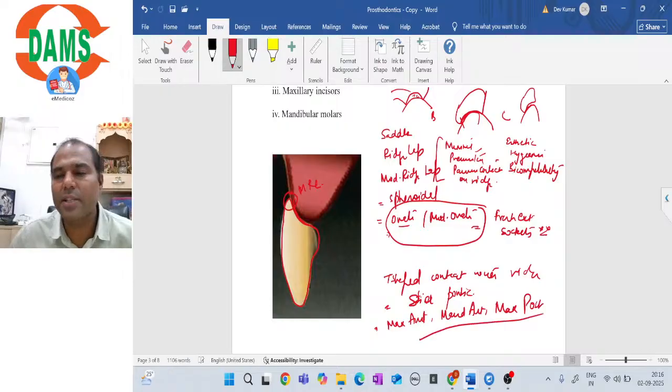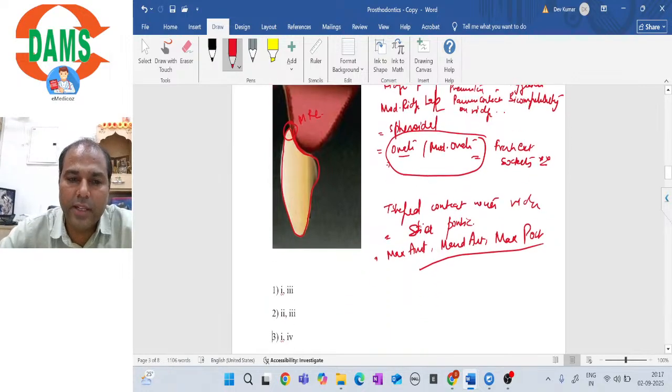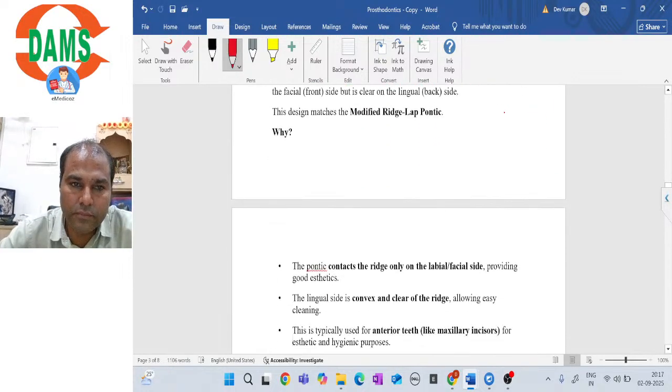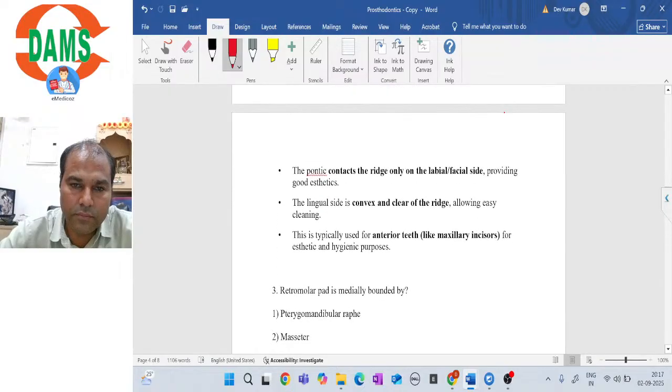In the mandibular posterior we can give a sanitary pontic. Clear? Clear? Most aesthetic pontic is your ovate pontic. Clear? Okay.